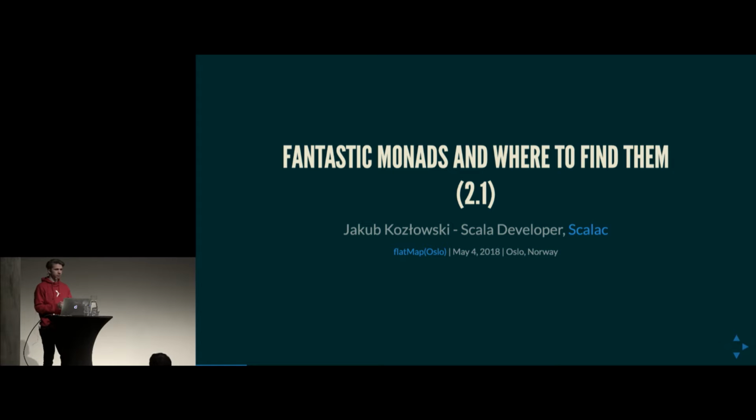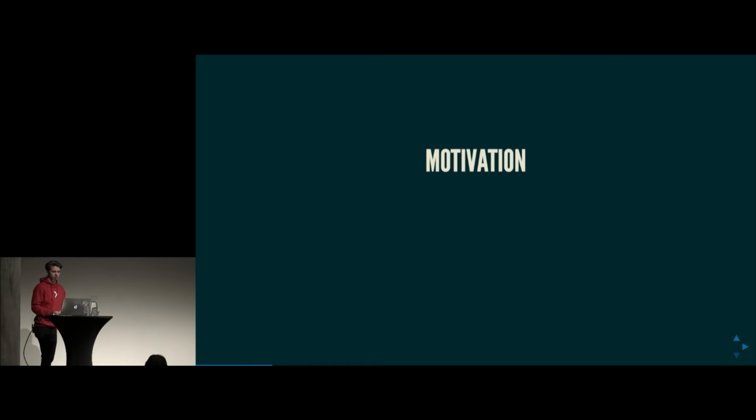So, let's go, and let's see how to find fantastic monads. What we're going to do in this talk is write a simple HTTP app. It doesn't matter what the technology is, it's just something that I use.